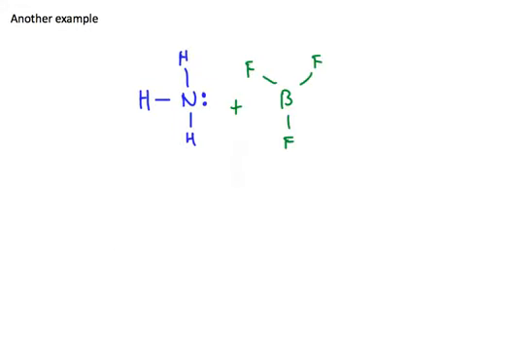Another example, so you've seen this before in structure and properties, ammonia bonding to a boron complex. Remember, boron trifluoride is electron deficient, and so in this case we have a lone pair that is going to make NH3 ammonia a Lewis base.